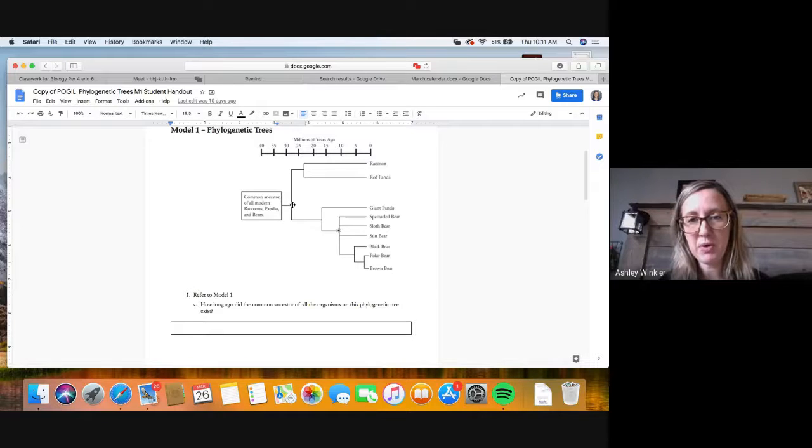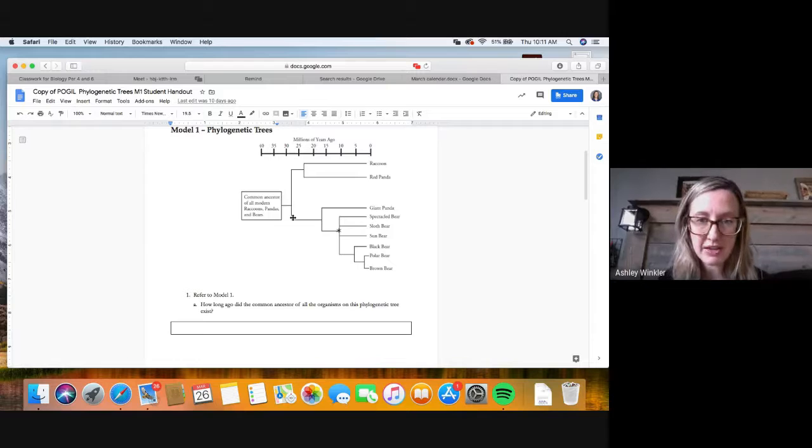But at this point, hopefully everyone can see that these lines go in two different directions. And what that's telling us is that something changed so much so that they no longer shared this next common trait. So they shared a common trait here, but all of a sudden they diverge, meaning they move away. Divergence means to move away from.